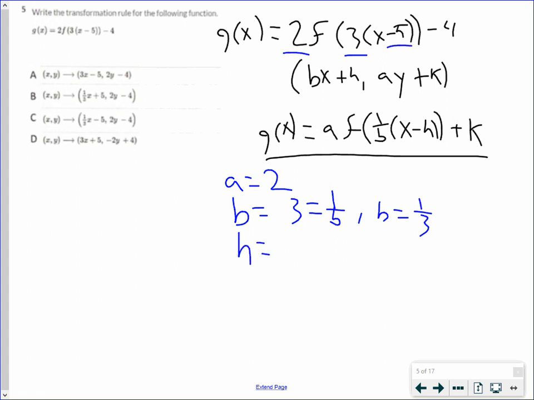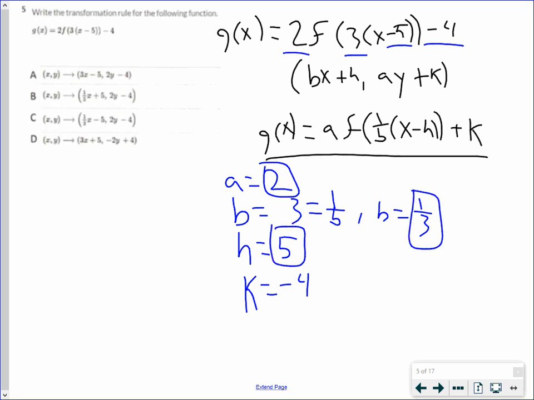Remember, the vertex form is x minus h, so in this case our h is 5. And lastly, our k is what's out here, which is -4. So we have our a, which is 2, our b, which is 1/3, our h is 5, and our k is -4.